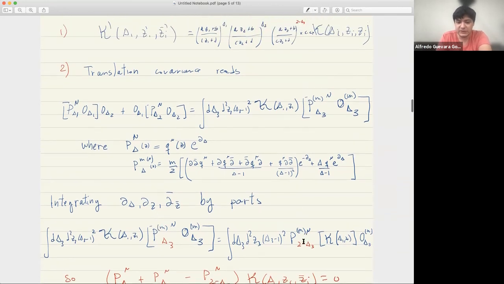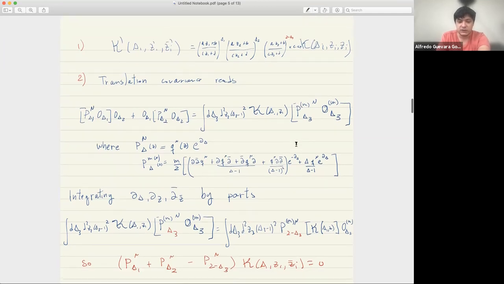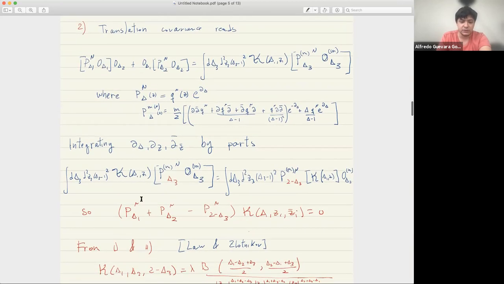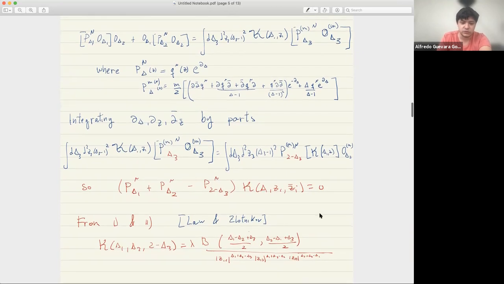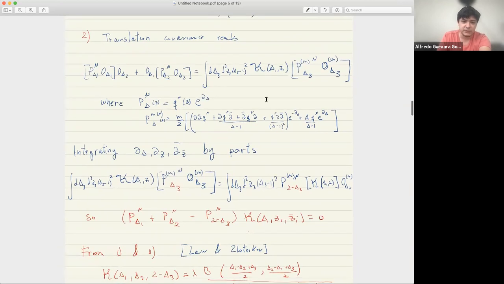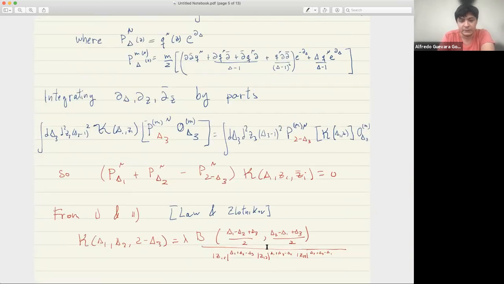But the important point is that this 2 minus delta is the same weight that appears here in the conformal transformation. So these two agree. The weight is the same, 2 minus delta. So that tells you that you have to satisfy this kind of condition for the structure constants, and from this condition together with conformal invariance with the same weights, we find, thanks to the result by Slownikov, that K is completely fixed and it has this form.